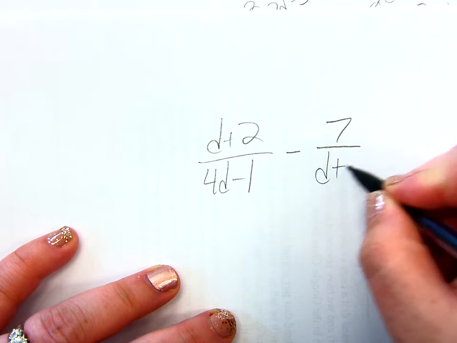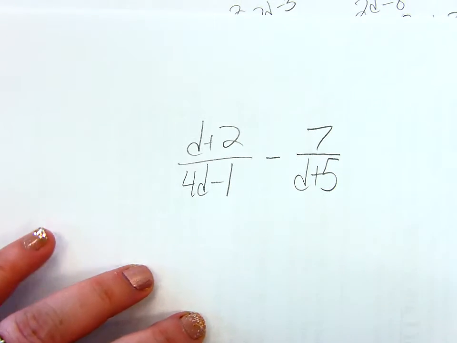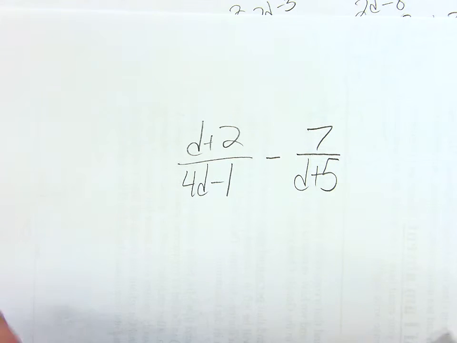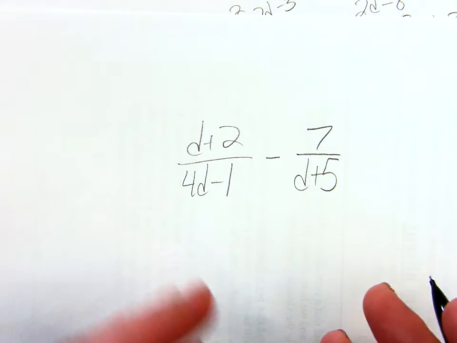So here, there's nothing to factor in either denominator, and they're not the same, and it's not easy for me to turn one into the other. So just like when my denominators were 5 and 8, didn't I just multiply them by each other? So that's basically what I'm going to have to do here.